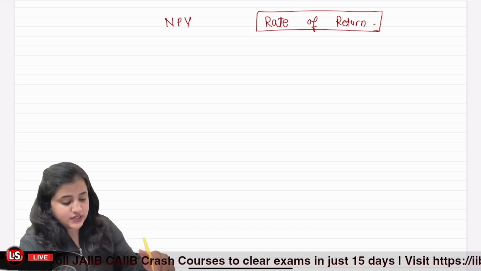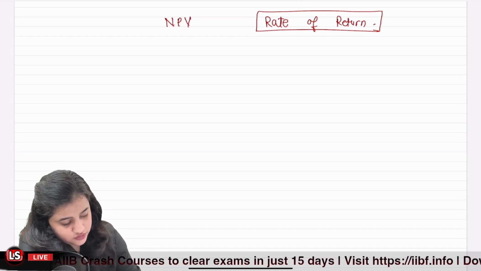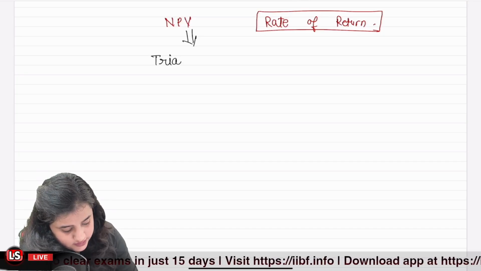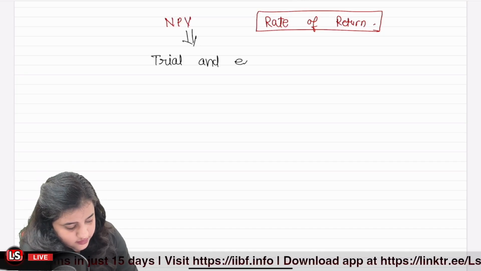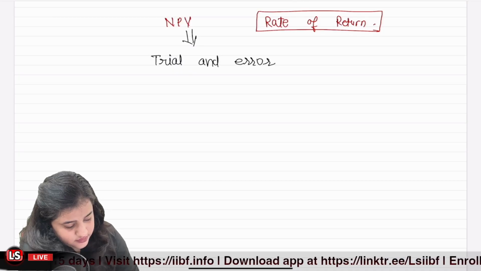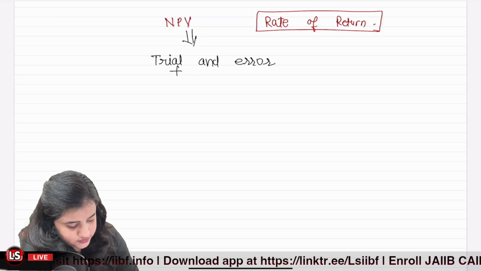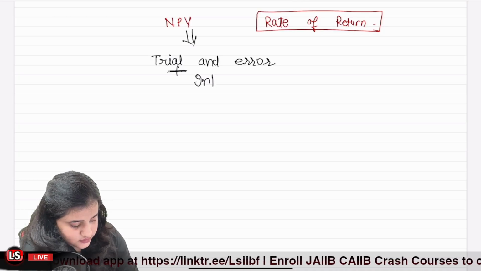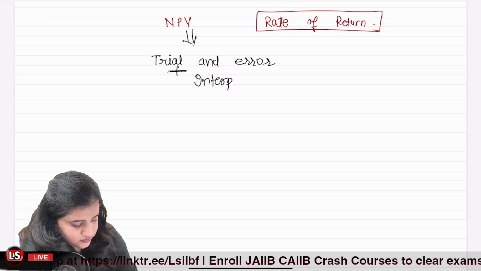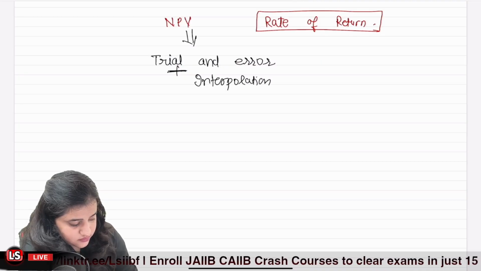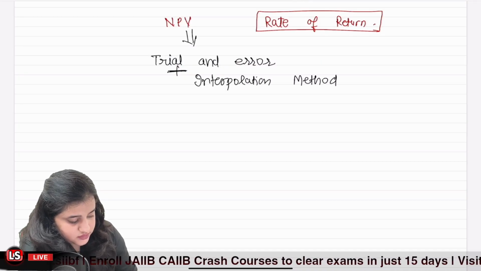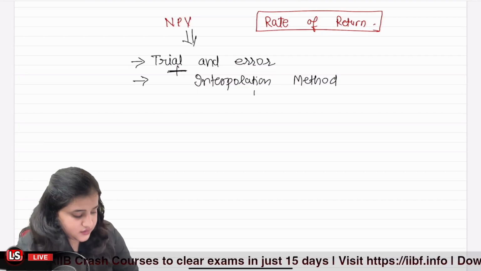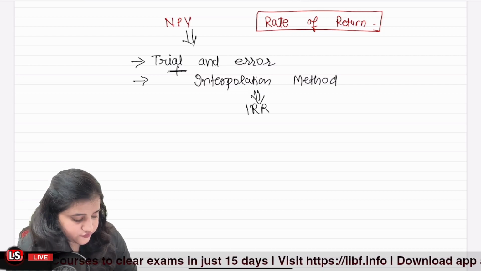And the answer to that is we use a method called trial and error method, plus we use interpolation method. These two mathematical concepts we use to calculate the ultimate internal rate of return.